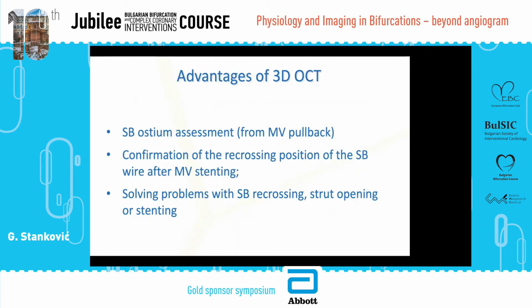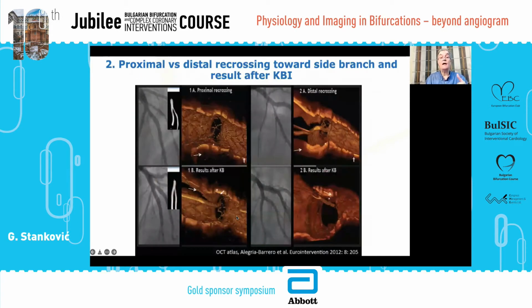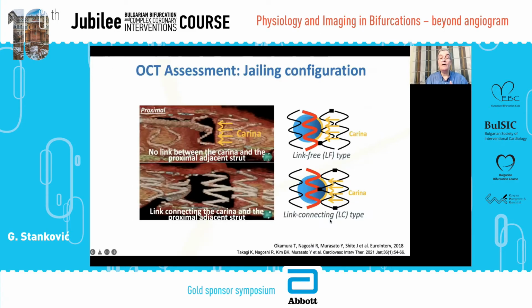Finally, 3D OCT, just the advantage. The advantage of 3D OCT is measurements of the side branch ostium when you perform main branch pullback, and in the cut plane you can evaluate the side branch. Then you can use it to cross distally instead of proximally and make sure that you achieve optimal distal recrossing, and with kissing balloon inflation removal in case of link-free type.